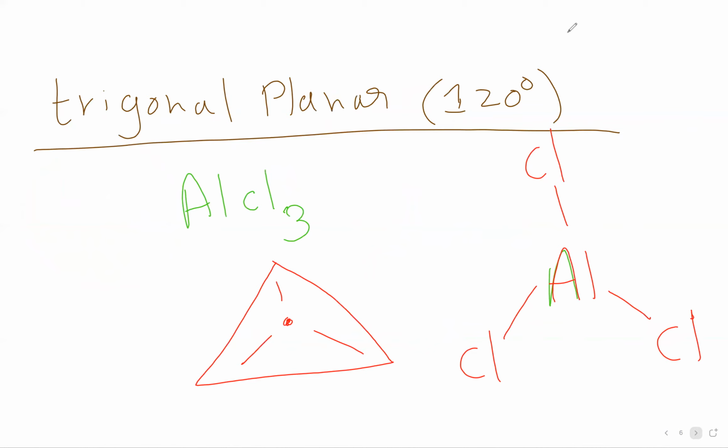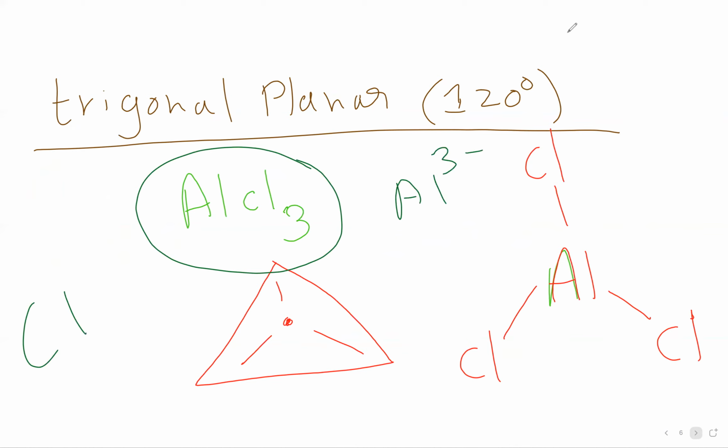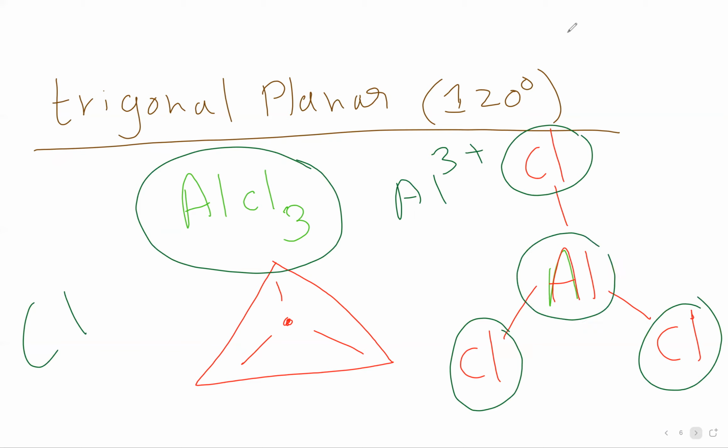And then we have the trigonal structure. Let's take aluminum chloride. Aluminum has a 3 plus charge, so it can bond with 3 chlorine atoms to make it stable.